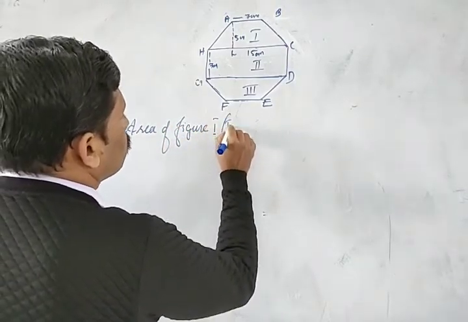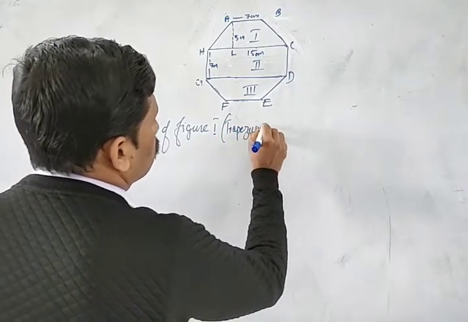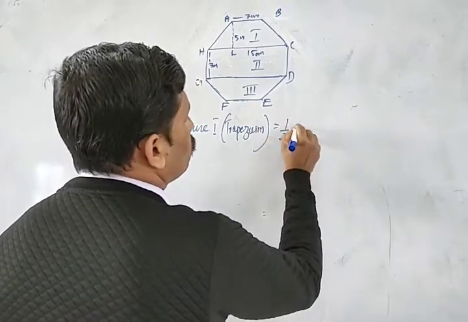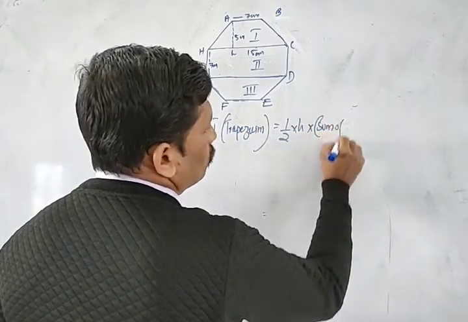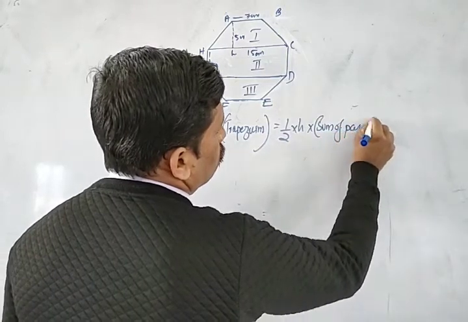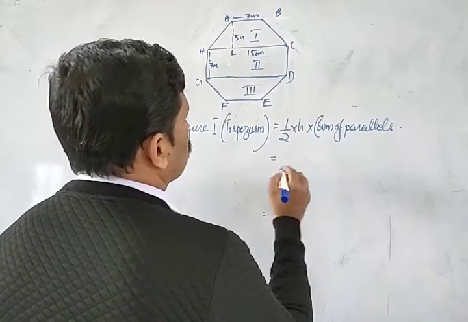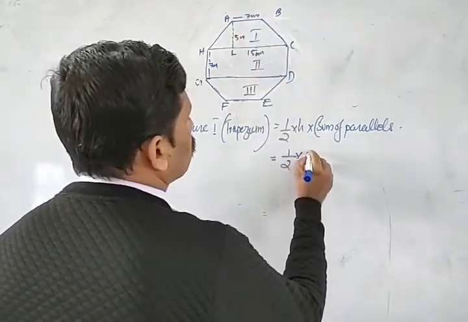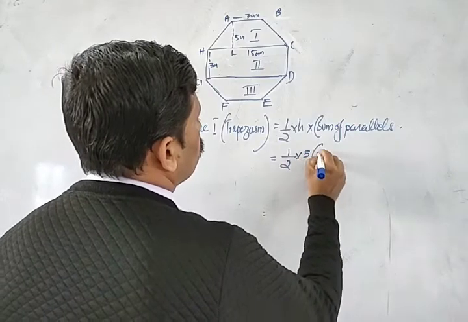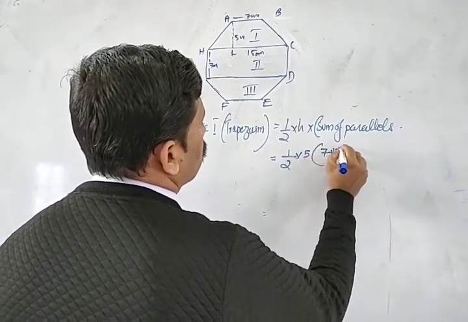Area of figure 1. That's a trapezium. Trapezium area is half into height into sum of parallel sides. That means half into height, which is 5 centimeter, into sum of parallel sides, that means 7 plus 15 centimeter.